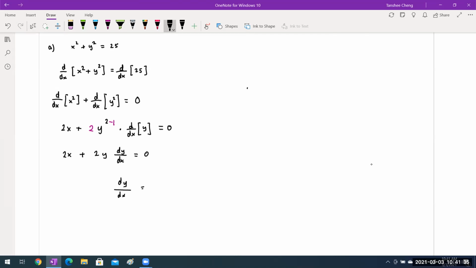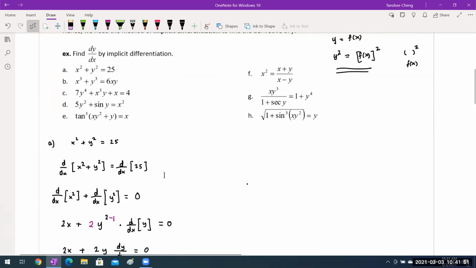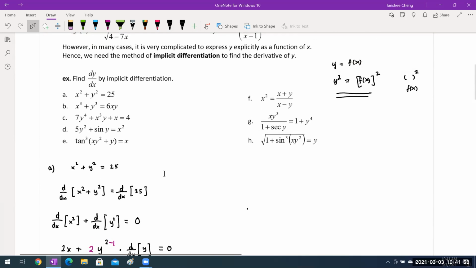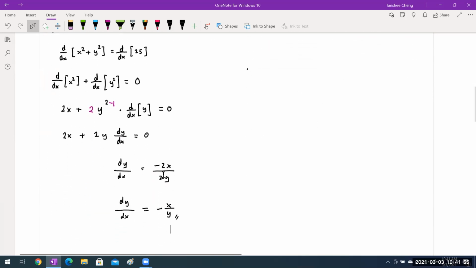We subtract 2x on both sides and divide by 2y. So my final answer, dy/dx, is equal to negative x over y. That is my final answer, because the question asks you to find the derivative of y with respect to x. So this is the first equation.